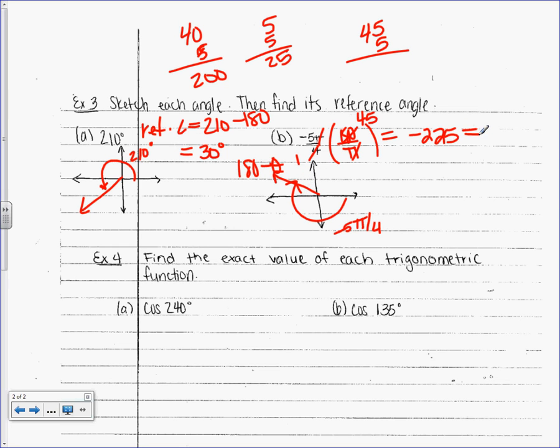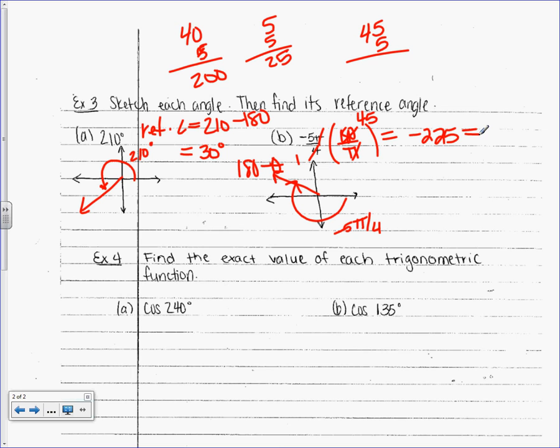So I need to change this to its coterminal positive angle. Coterminal means, what do I do? Yes, add or subtract 360. If we add 360, we'll get a positive, right?